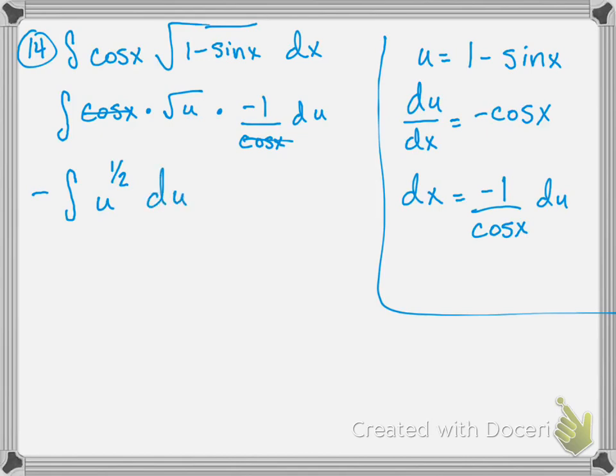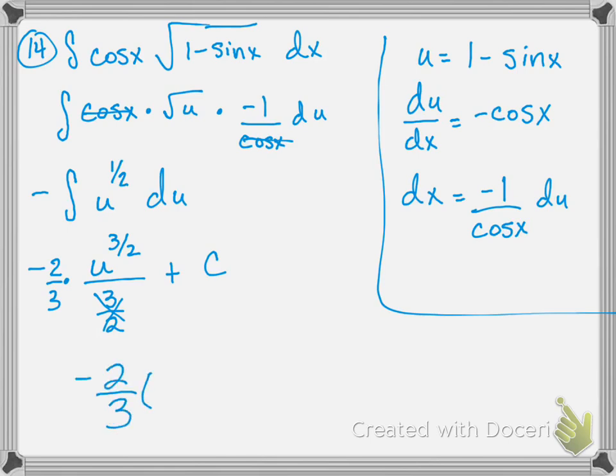And now, guys, we're ready to do the anti-power rule. So you have a negative, u to the 3/2 all over 3/2, plus c. So that fraction in the bottom really is like saying 2 over 3. Correct? So this gives you negative 2/3 u to the 3/2 plus c.